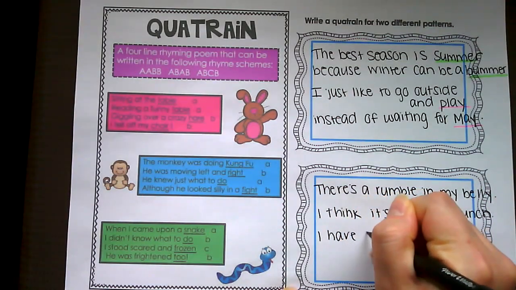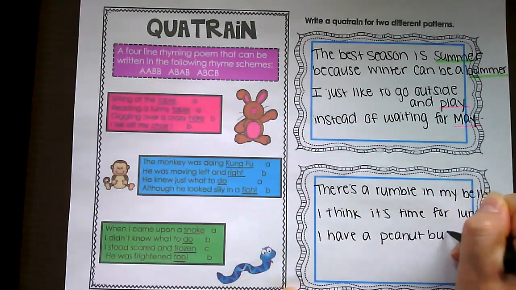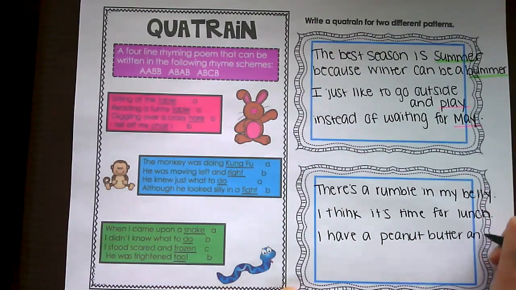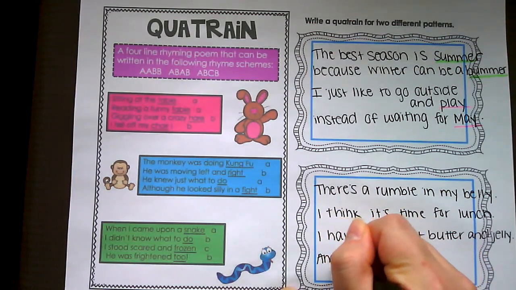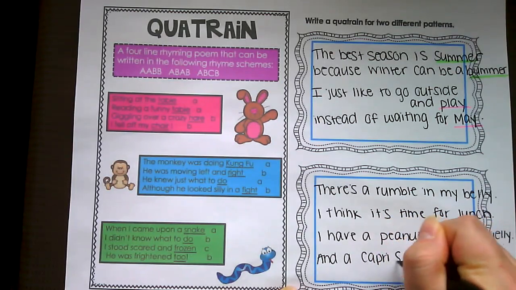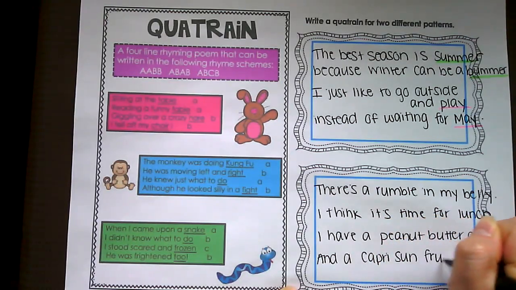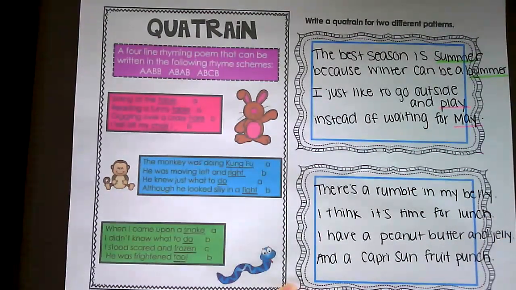I have a peanut butter and jelly and a Capri Sun fruit punch. All right, there's my 4-line quatrain poem that follows the A-B-A-B rhyme scheme.